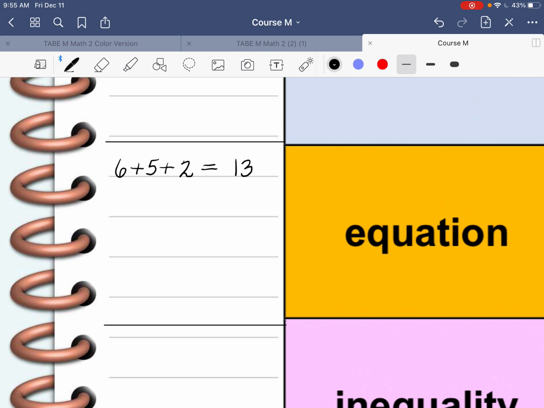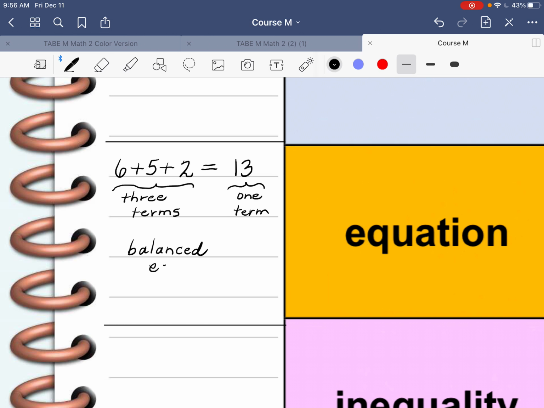Now, what that's telling me is that the left side of this math sentence, which happens to have 3 terms, is equal to this one term on the other side. So if I add up 6 and 5, I get 11, plus 2 more is 13. So 13 equals 13. That is called a balanced equation.